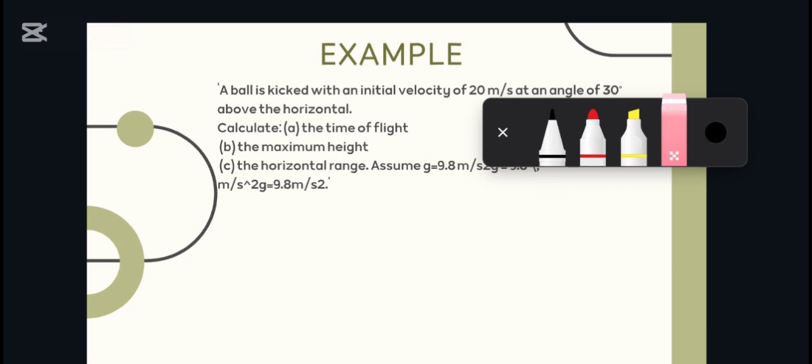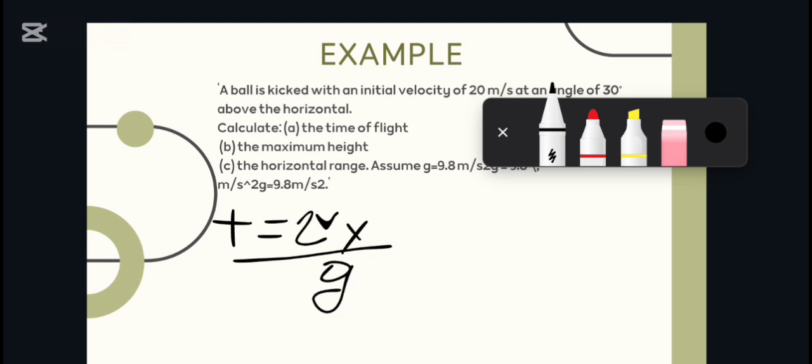Now we can find the time of flight. How? Well, the total time is given as time equal to 2 times the velocity in y over gravity.